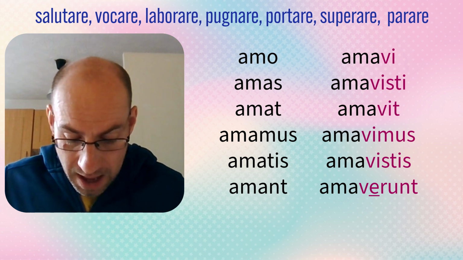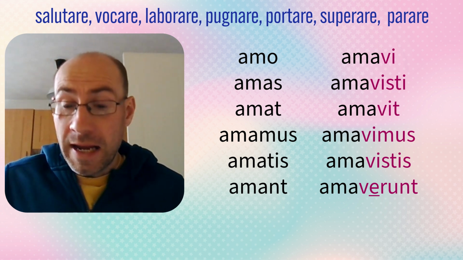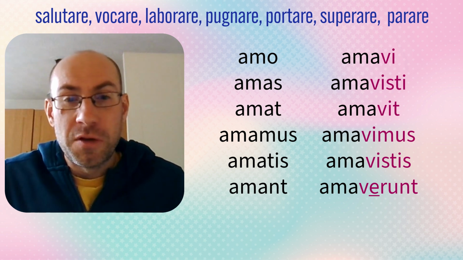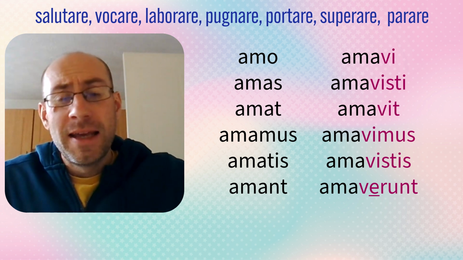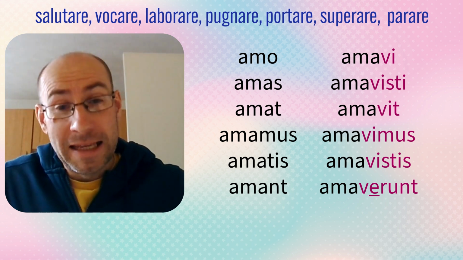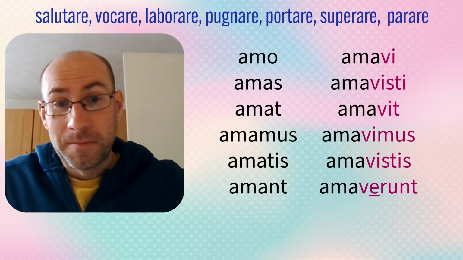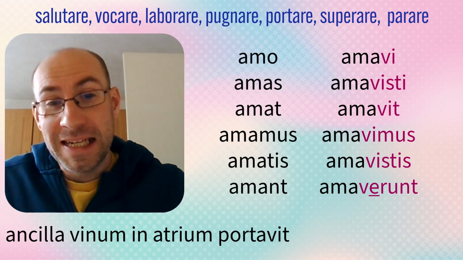The slave girl, what's that one? Ancilla. Carried, like the porter, carried the wine into the atrium. Into is just in plus accusative. Atrium. The slave girl carried the wine into the atrium. Ancilla vinum in atrium portavit. Portavit, A-V-I-T.